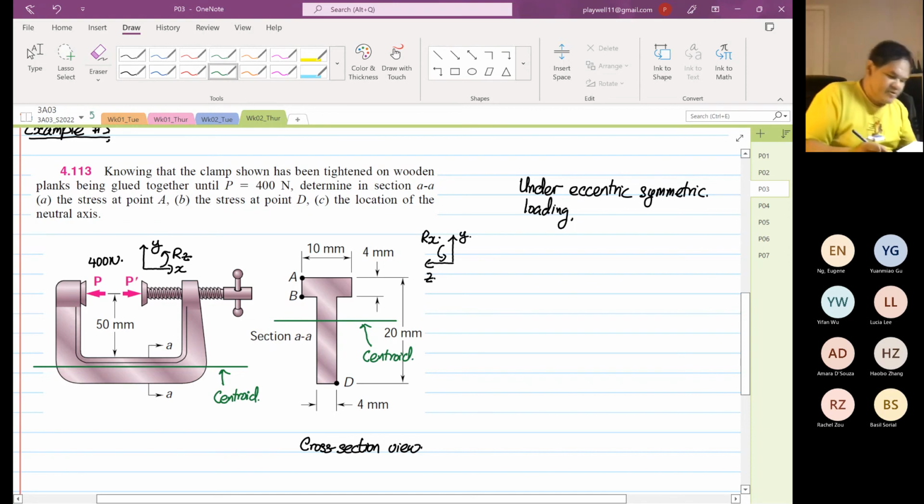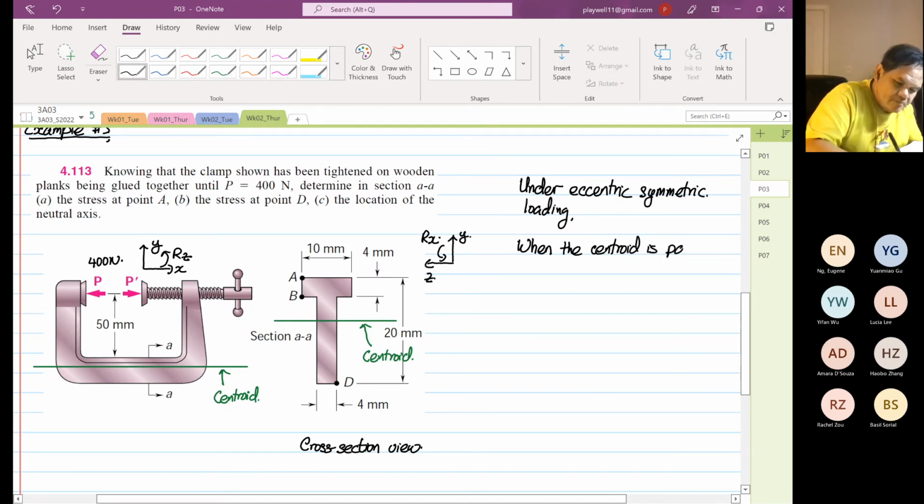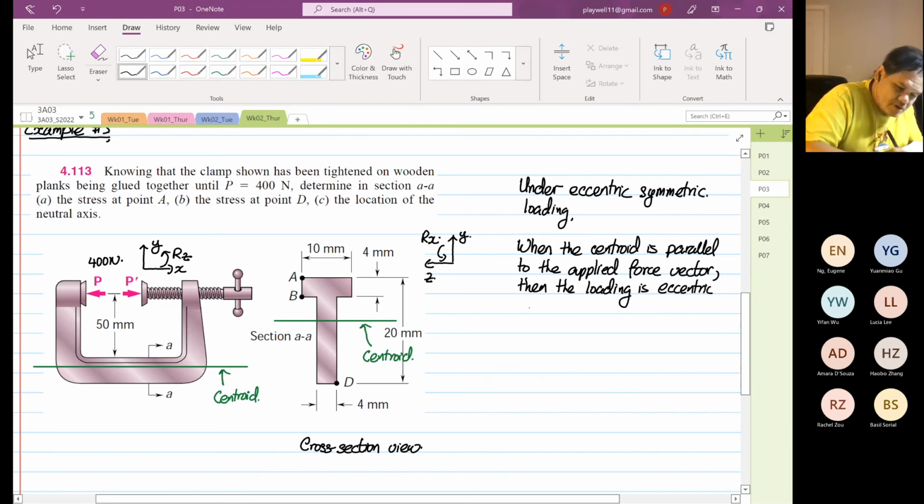Okay. And what you see is when the axis of the centroid is parallel to the applied force vector, okay, then the loading is eccentric symmetrical.